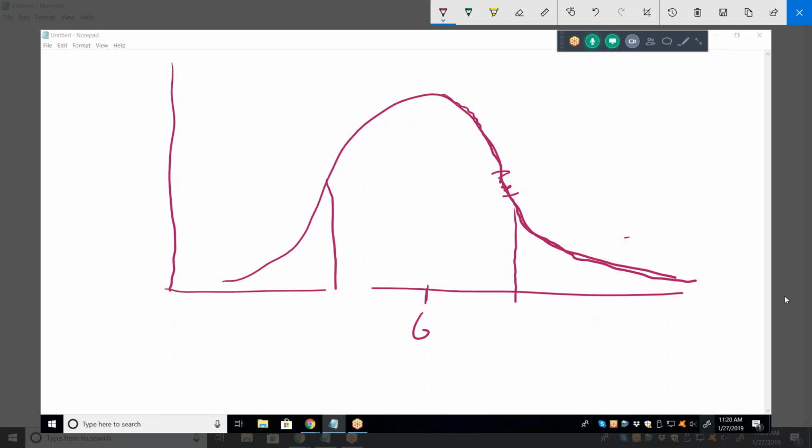Okay, I'm going to make up a mean of 60 inches, 5 foot. And we'll say that sigma is 10 inches. So this is 70 inches, and this over here is 50 inches.